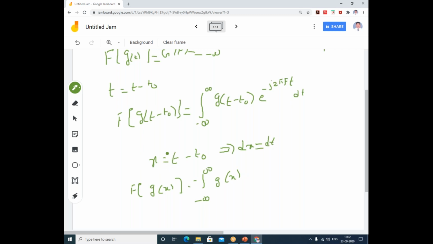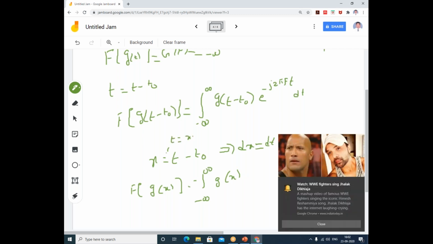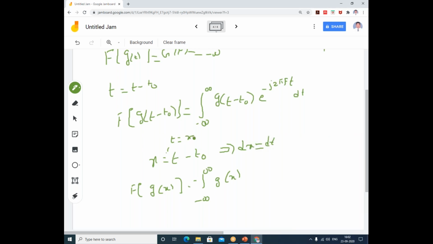From this equation, since x equal to t minus t naught, t equal to x plus t naught. So I replace this t with x plus t naught. So I can write e power minus j 2 pi f, in the place of t, x plus t naught, dt, which I can write as dx.